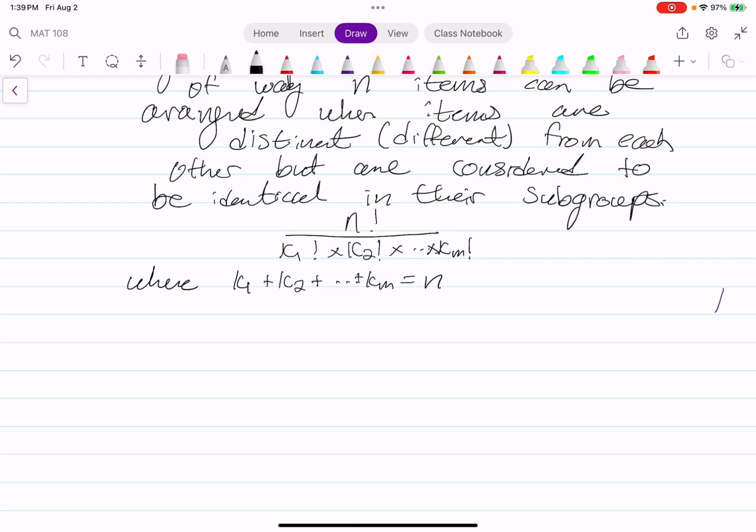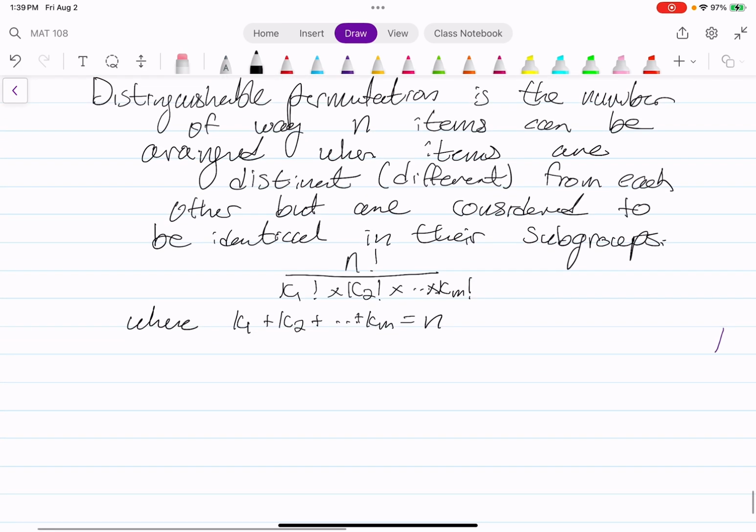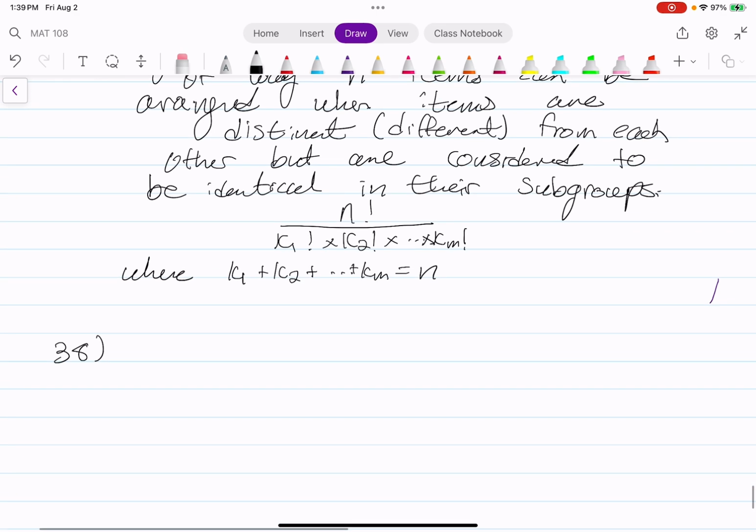All right, so for number 37, I believe, 38, my apologies, we want to find the number of distinguishable permutations when it comes to the word Mississippi. The word Mississippi has 11 letters, so n is going to equal the total number of items, and that equals 11.